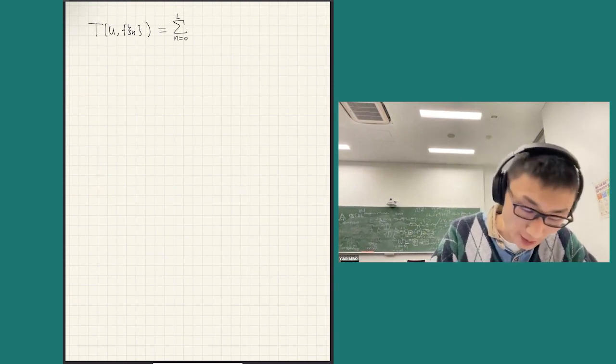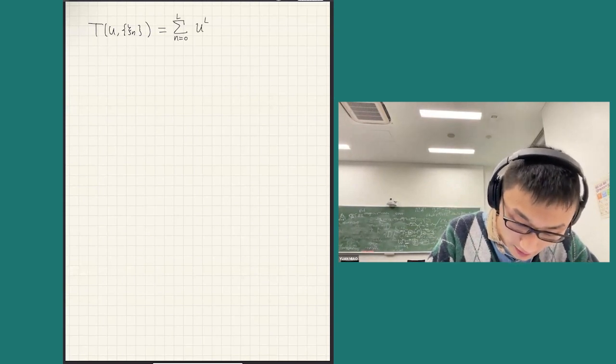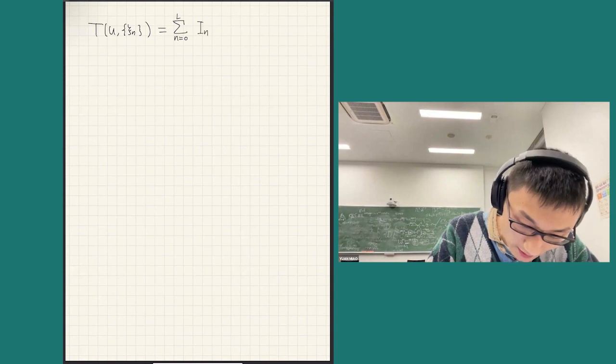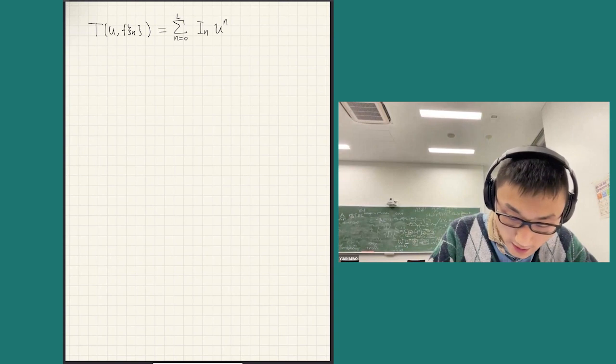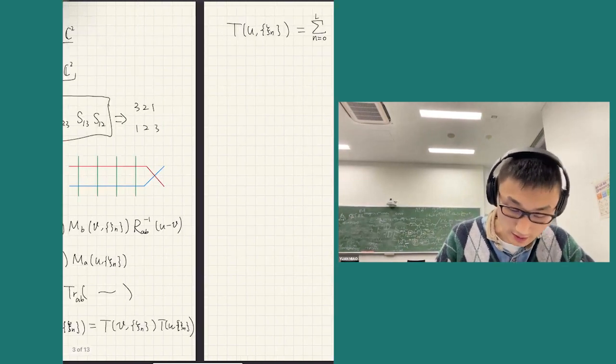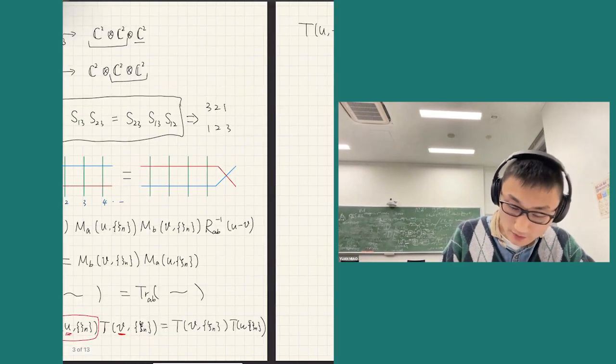But in some sense, up to some normalization, this should be proportional to u to the power of n, some Q_n, where Q_n is some operator acting on the Hilbert space of this 1, 2, 3, 4, etc.